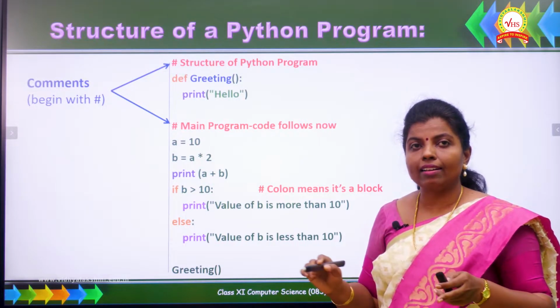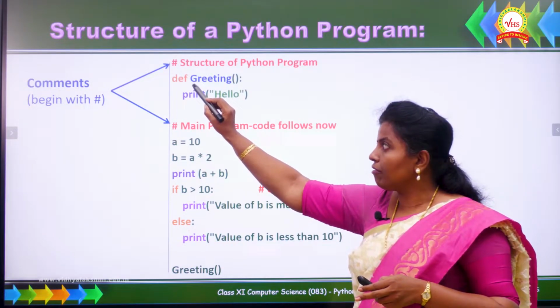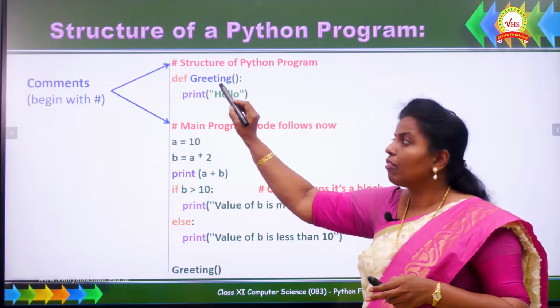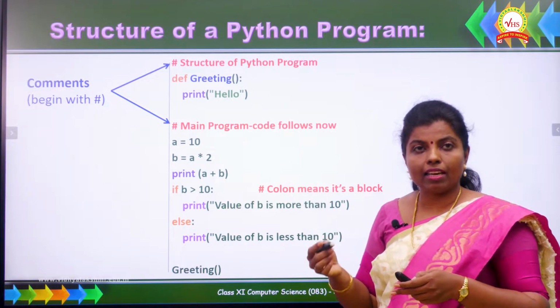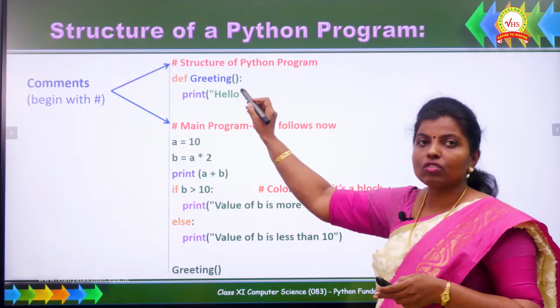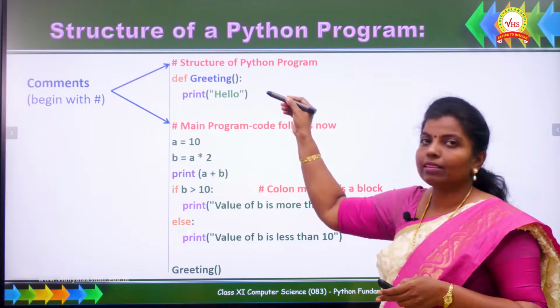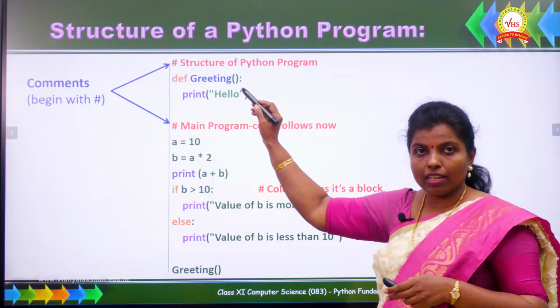So, a function header compulsorily has the keyword def followed by the name of the function followed by parentheses. Within the parentheses, if it takes parameters, the list of parameters will be there, otherwise the parentheses will be empty, followed by a colon. This is specified as the function header.